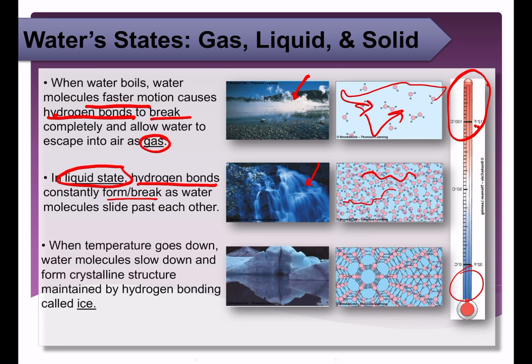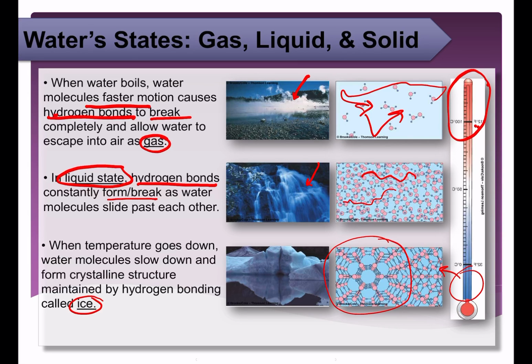And at very, very low temperatures, such as 0 degrees Celsius, as represented right here, almost no heat energy is available to allow any movement of water molecules. So they slow down quite a bit and will form a crystalline structure such as this, then they turn into a solid state of matter called ice.